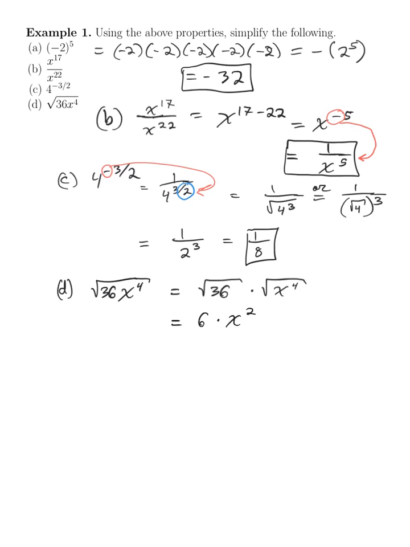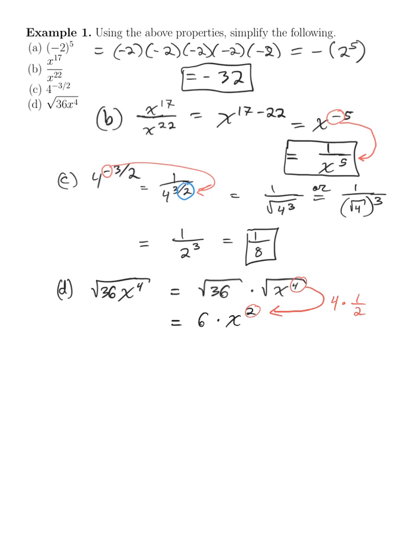Now, I'm not sure if I thought of the best example here, because there might be two different ways you might be thinking about what happens with x to the 4th to turn it into x squared. You might think, well, I subtracted 2 from 4 to make 2, or I divided by 2, or I took the square root, and they all come out the same way. So let me make it really clear. The reason this worked, the 4 on top turning into the 2, is that this is going to be 4 times 1/2.